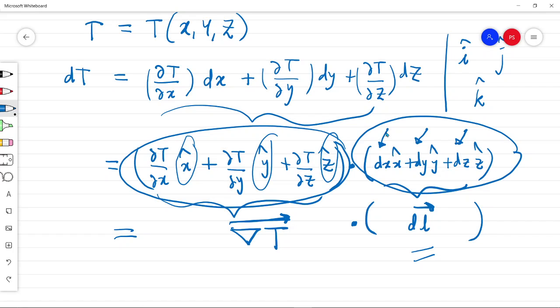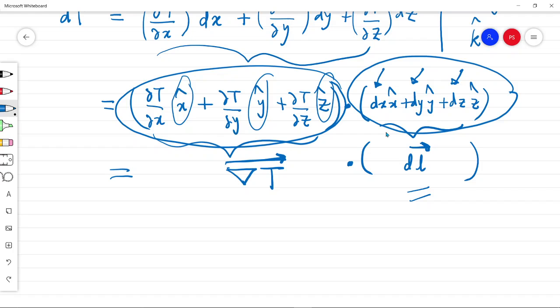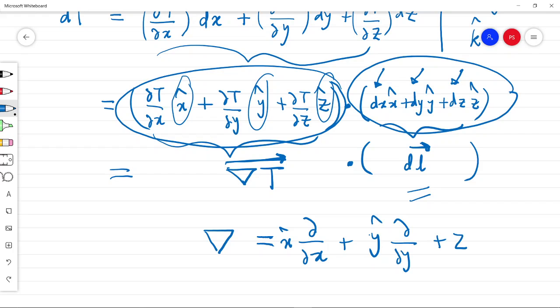Now this notation del is used instead of this large expression dou by dou x x cap. In fact, let us write it as x cap dou by dou x plus y cap dou by dou y plus z cap dou by dou z.